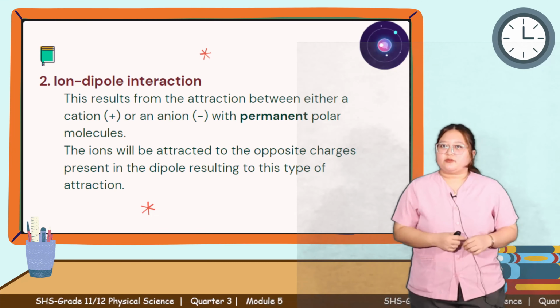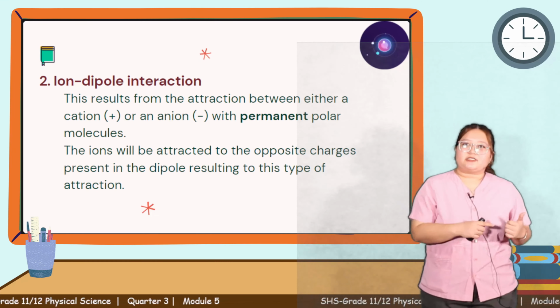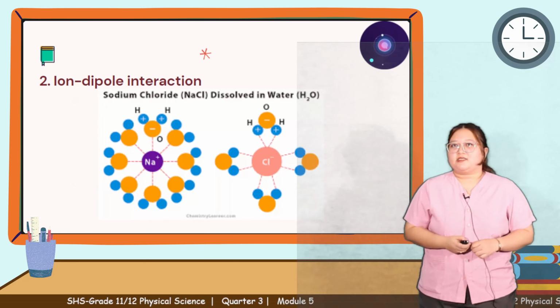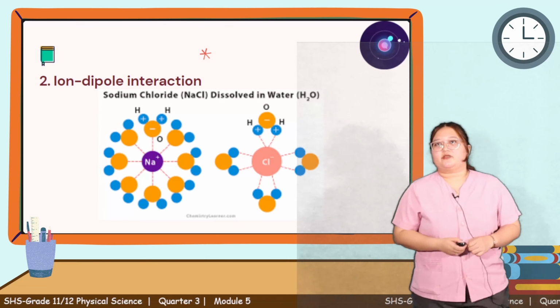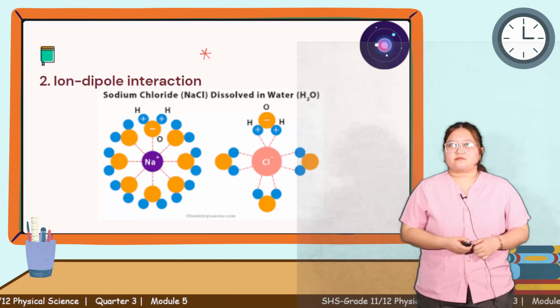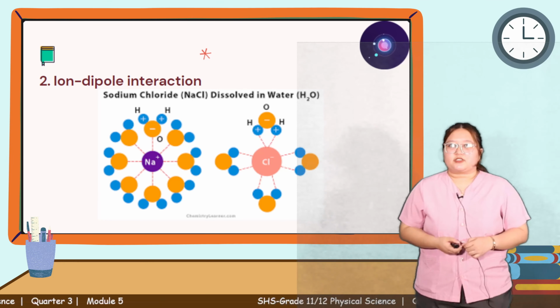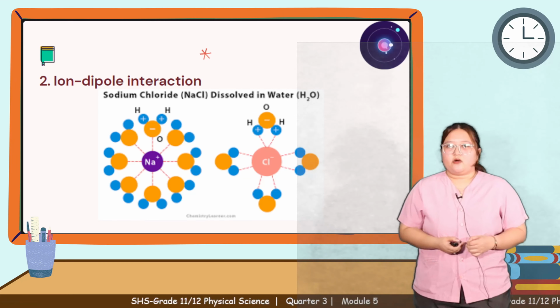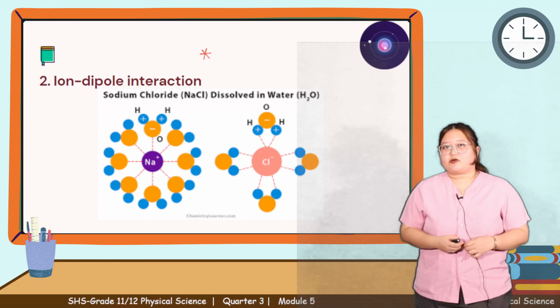So the ions will be attracted to the opposite charges present in the dipole, resulting in this type of attraction. This one is commonly found in solutions. So this is an example of an ion-dipole interaction. We can see here a sodium ion and oxygen atoms are attracted to each other, while the sodium and hydrogen are repelling each other.